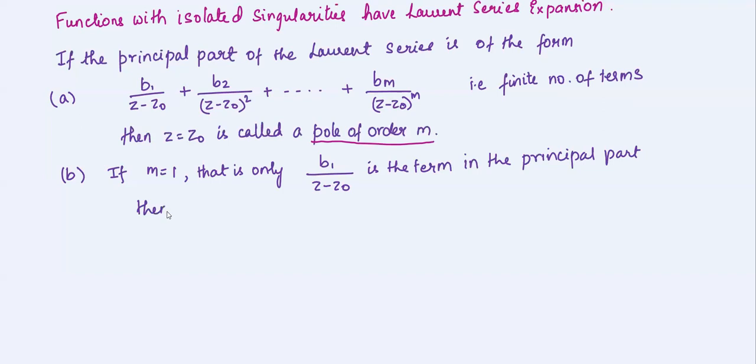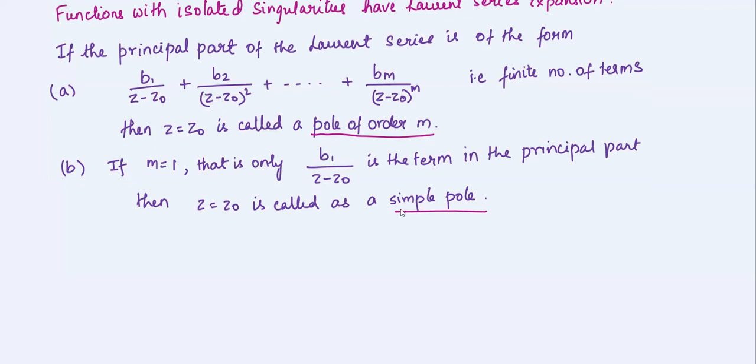then z equal to z naught is called a simple pole.